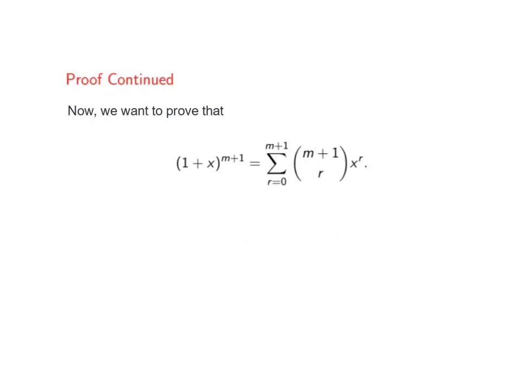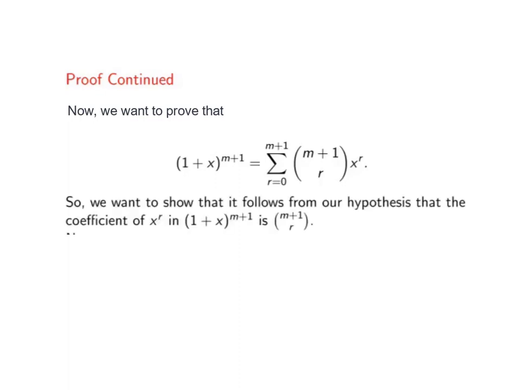Now we want to prove that the corresponding formula when m becomes m + 1 would be this formula. So we want to show that it follows from our hypothesis that the coefficient of x^r in this new expansion is m + 1 choose r.